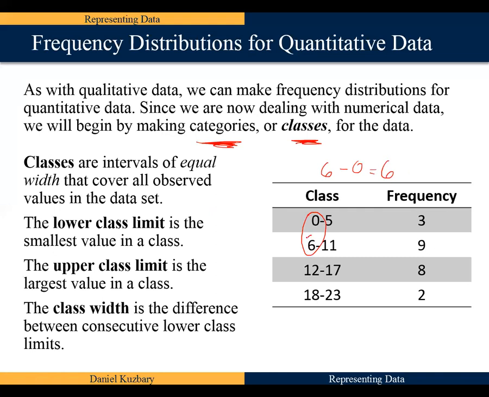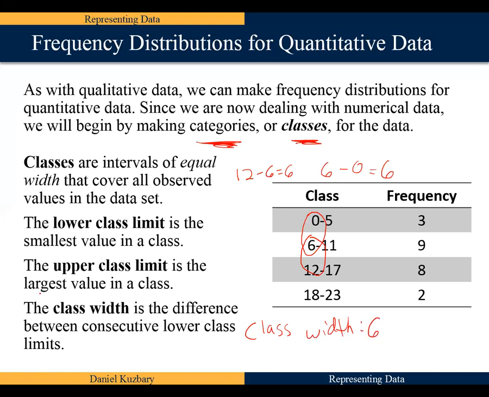I'll double check and make sure I did that right. The difference between the consecutive lower limits is also 6, and if you do 18 minus 12, you get 6. So in this case, the class width is 6, because I found it using this definition: the difference between the consecutive lower limits.